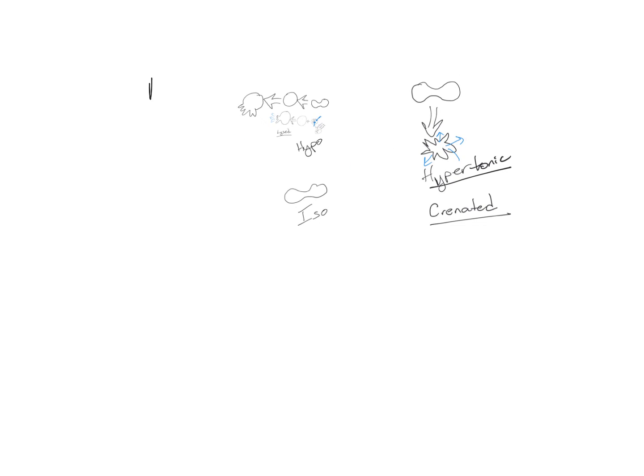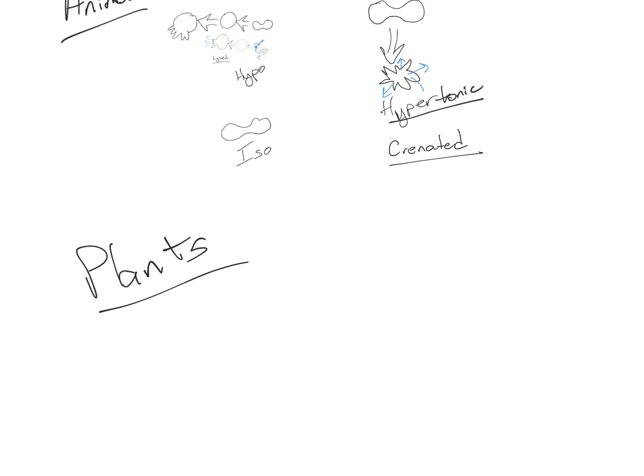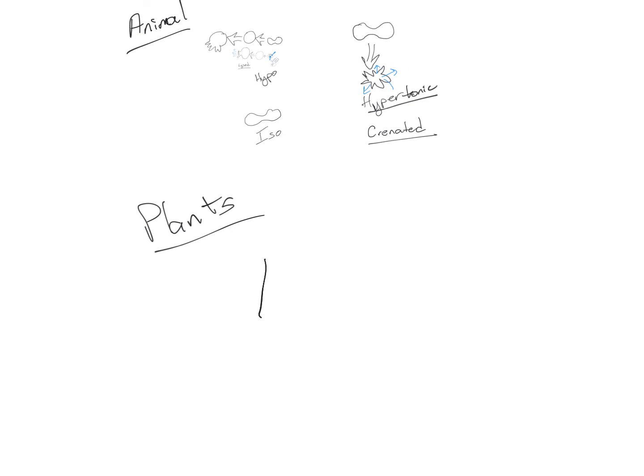Now it's going to be different in plant cells because plants have something else. What do the plants have? Cell wall. They have a wall. They have a membrane as well. It sits out here.